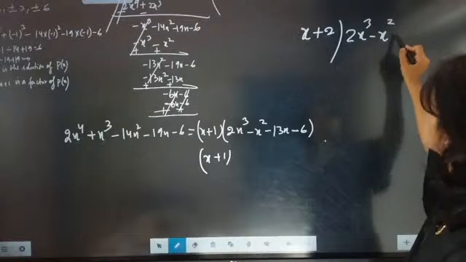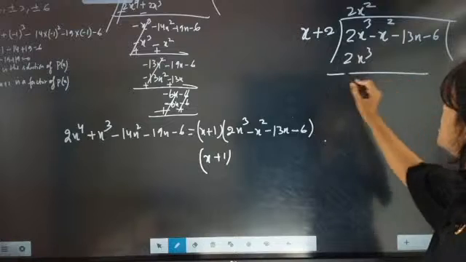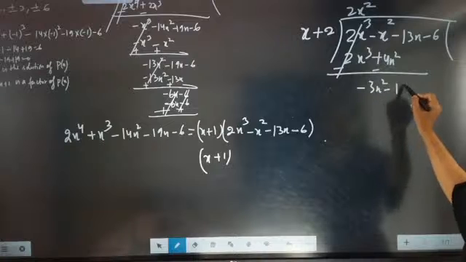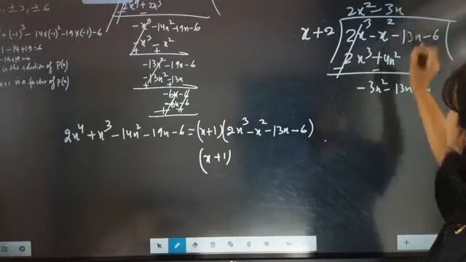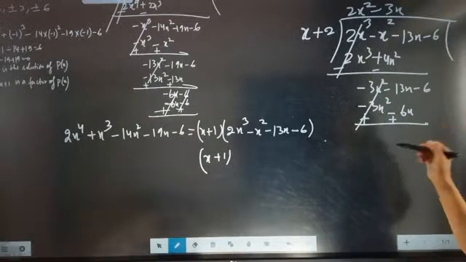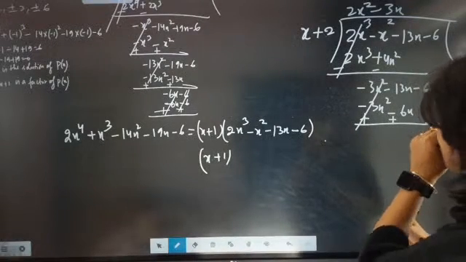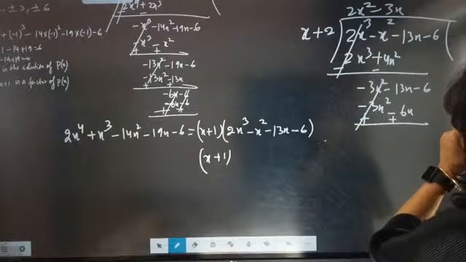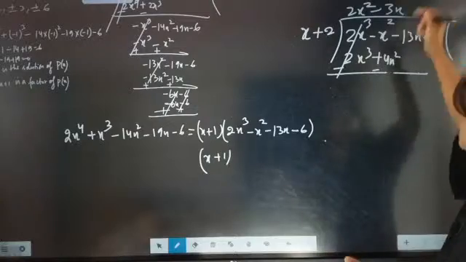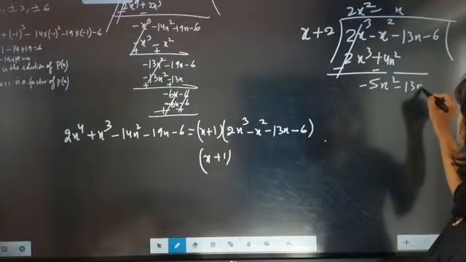So for 2x cube minus x square minus 13x minus 6, we have 2x square. 2x cube cancelled, plus 4x square, so minus 5x square minus 13x minus 6.